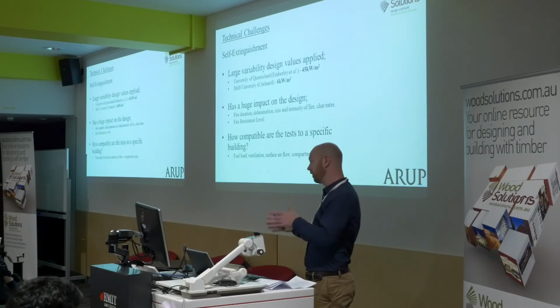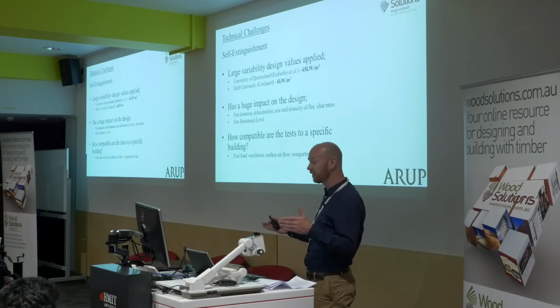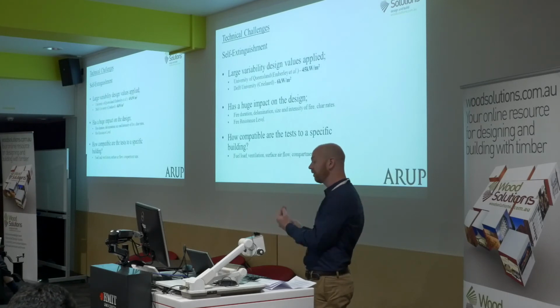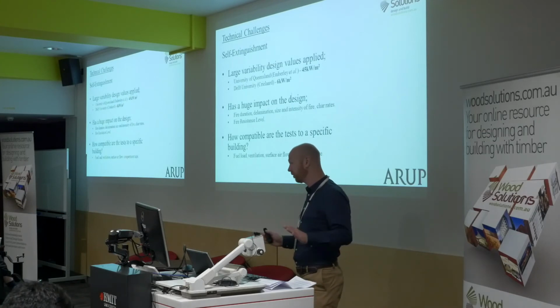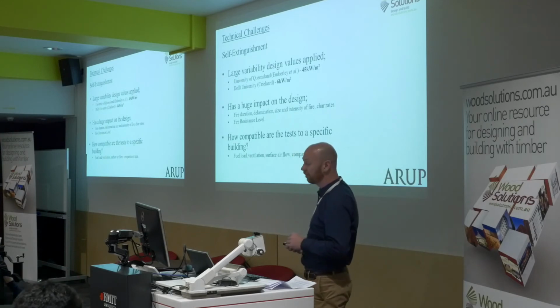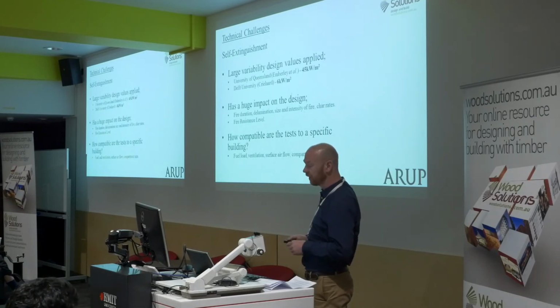But they were coming from a research point of view. That was their baseline experiment, so from there they could then vary the parameters to understand what influences self-extinguishment. They clearly state this should not be used for building design. It's not representative of a building at all, and they're actually looking for funding to do some more building representative full-scale models.